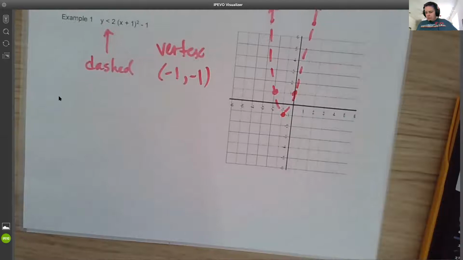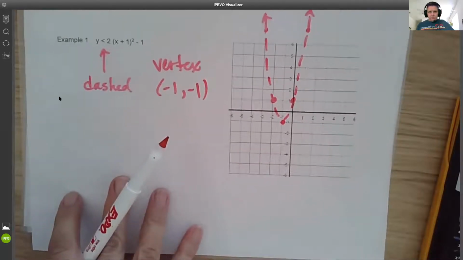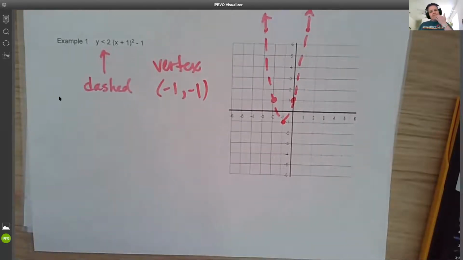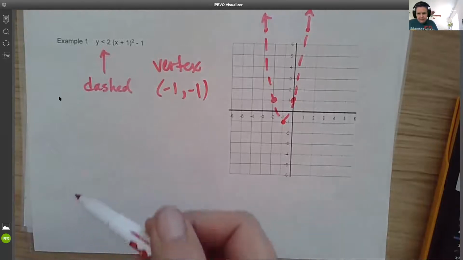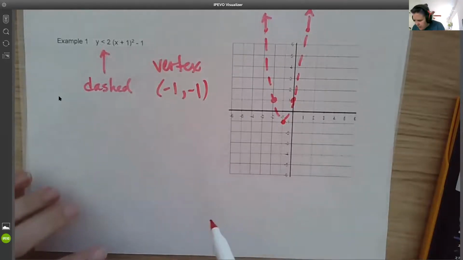To finish solving, I need to determine where to shade my graph. So I'm going to pick a test point. I'm going to pick (1, 0).